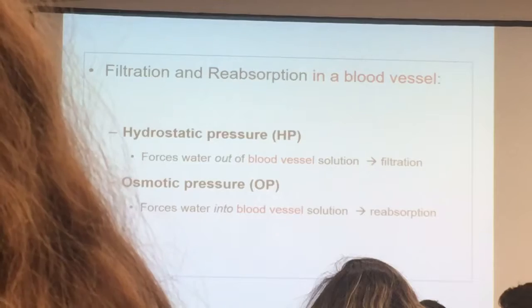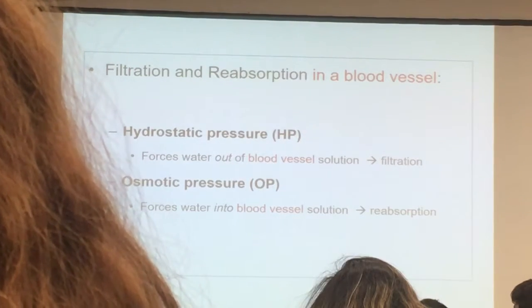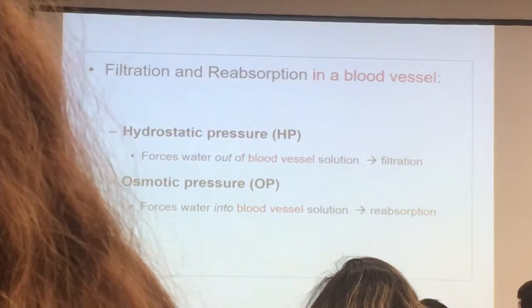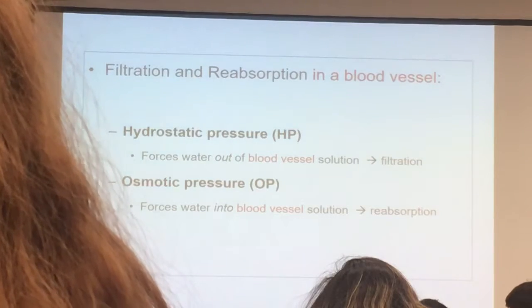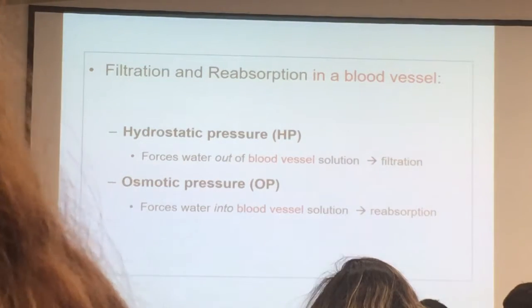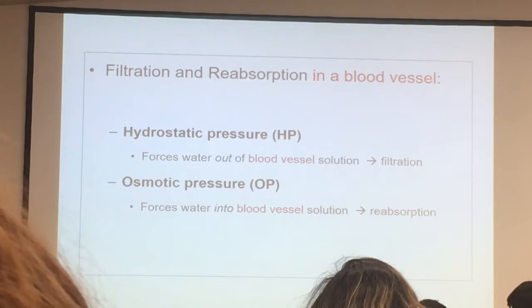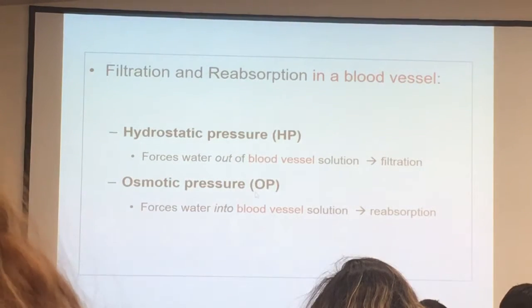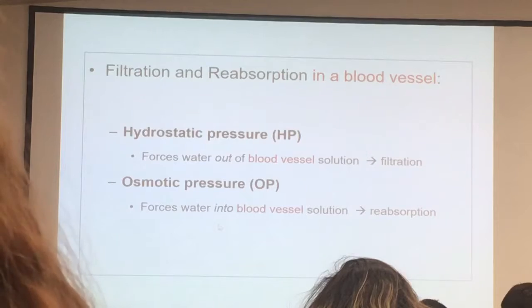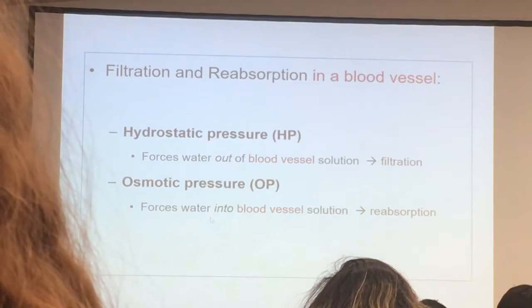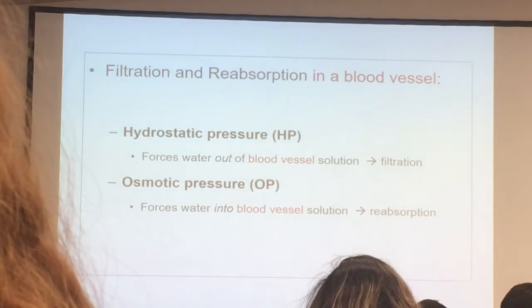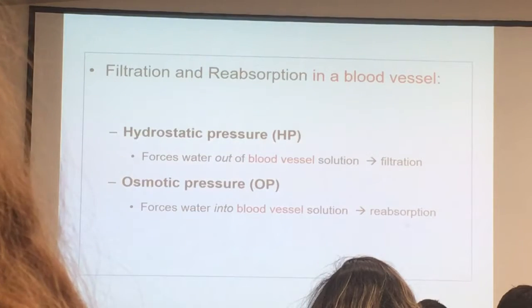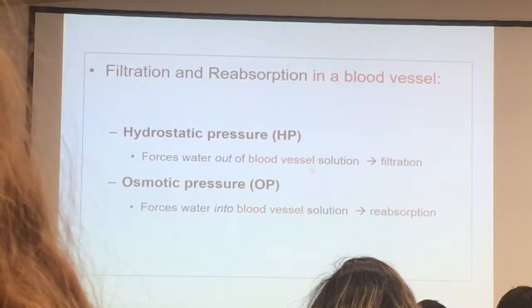So what I mean is HP, hydrostatic pressure, forces the water out, pushes the water from blood vessel to tissue, and so we call it filtration. And osmotic pressure means coming in, okay? It pushes the water from tissue to blood vessel. We call it reabsorption. These two concepts, okay?